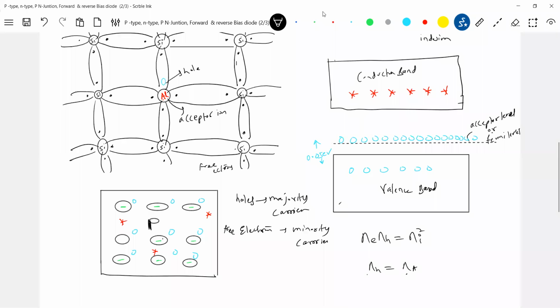There are some holes due to thermal excitation, but this number will be very small compared to the holes generated due to doping, which will be very much greater. So this is the approximate formula: how many acceptor ions, that many holes.